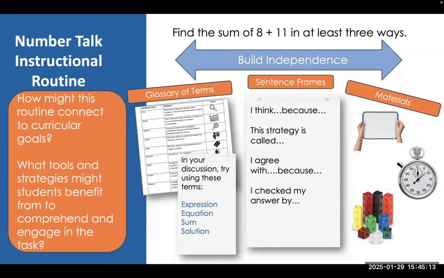So some students might benefit from having a glossary of terms, or I might put an anchor chart up on the whiteboard with particular terms that I want students to practice using as we engage in this instructional strategy. I might also provide some sentence frames like "I think, because," "this strategy is called," "I agree with." And I might even think about specific materials that might be supportive to students during these activities.